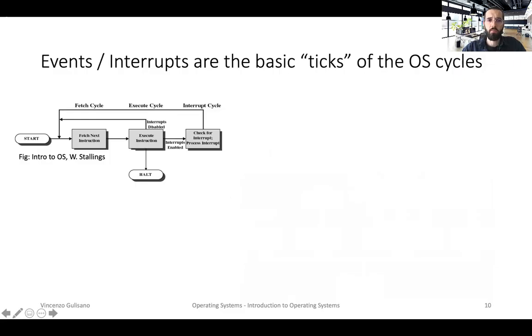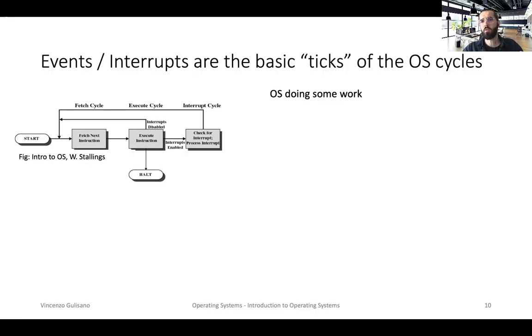But it can also decide after running an instruction whether to take the next instruction and run it, or to check if something has happened, okay, if there was an interrupt, and based on that, go back fetching the next instruction, but in this case, a different next instruction. We will discuss several times what this means, so you don't have to worry too much right now.